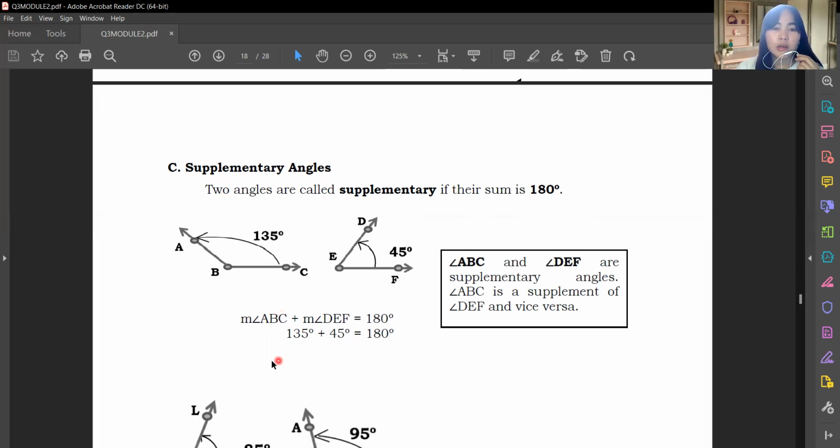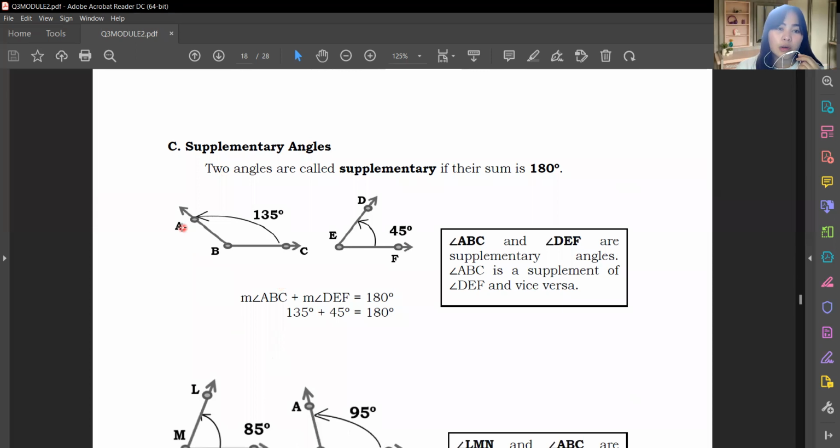So now here, if our angle ABC measures 135 degrees and our angle DEF measures, I mean, 45 degrees. So 135 degrees plus 45 degrees is equal to 180 degrees.